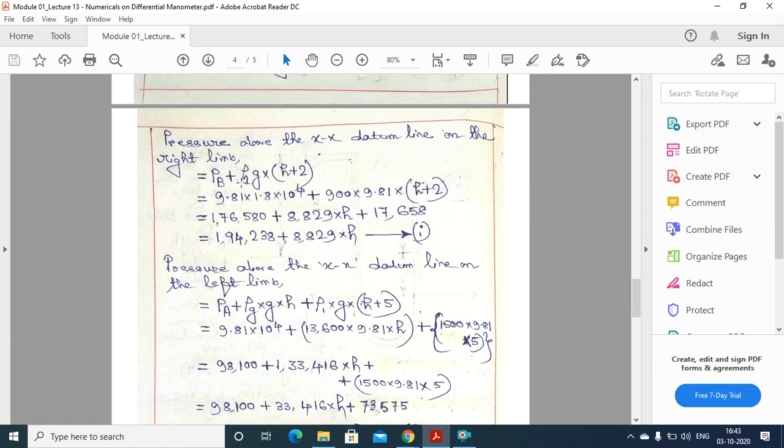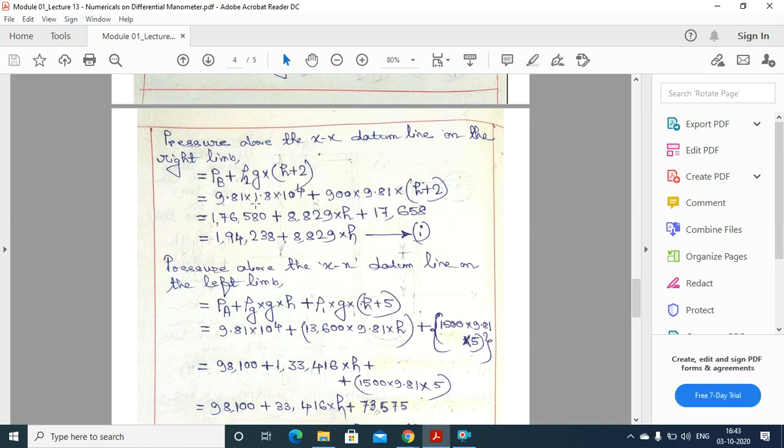Now PB, the pressure at point B, was given as 1.8 kg force per centimeter square. Converting this unit to Newton per meter square, it becomes 9.81 into 1.8 into 10 to the power 4 Newton per meter square.